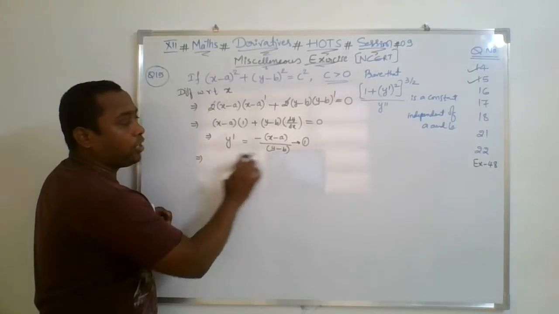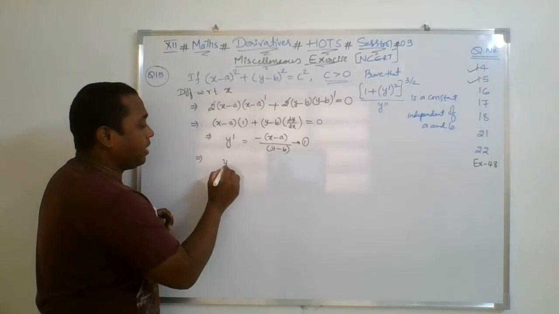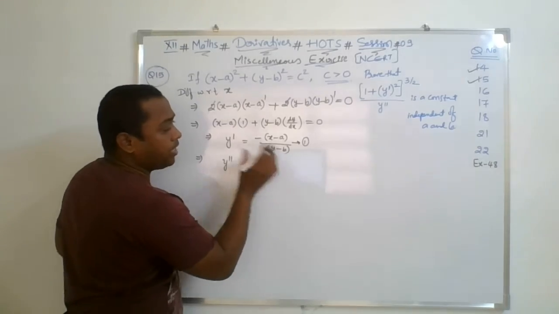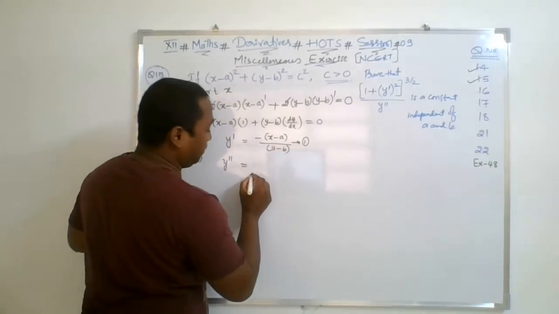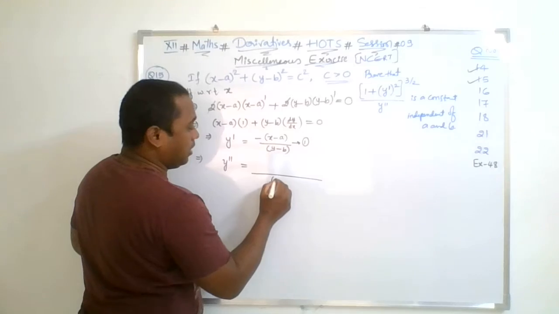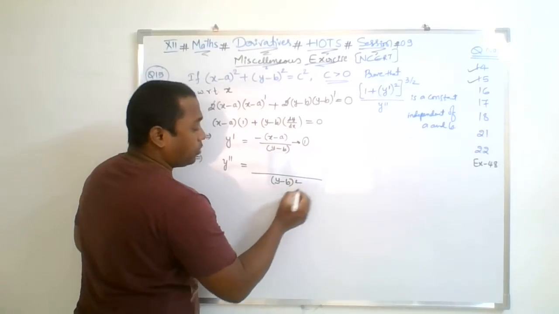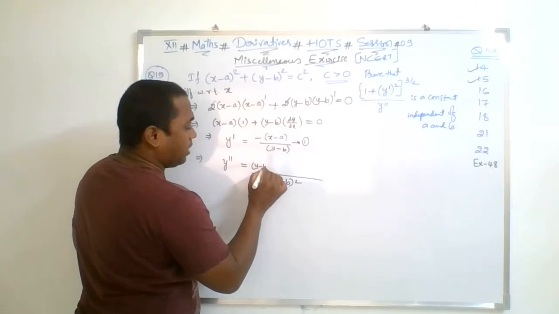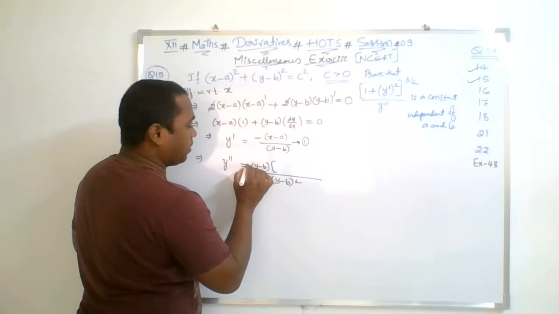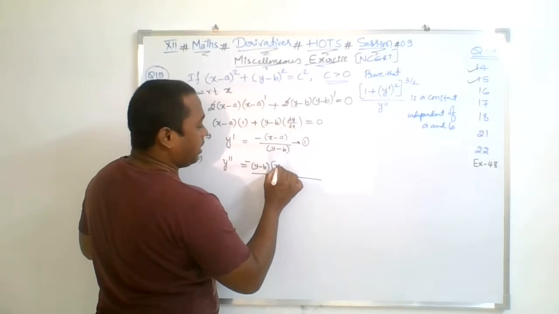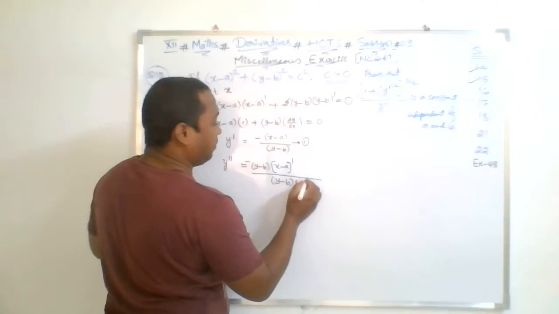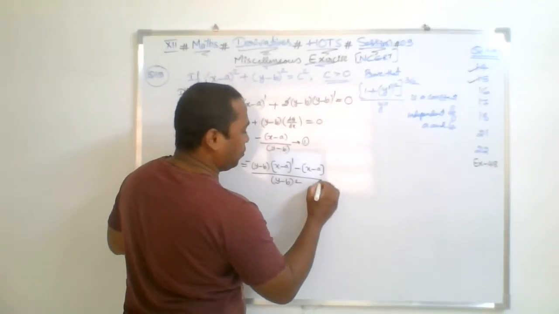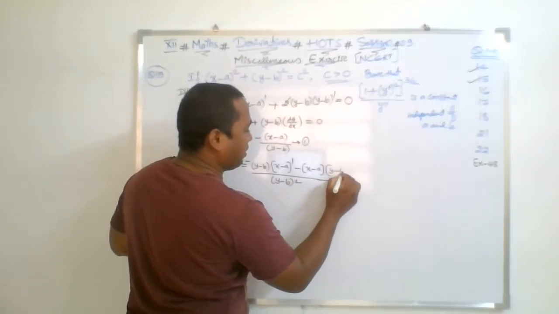Now, if I take the derivative on both sides, I am getting here the derivative of y dash, which is y double dash, equal to, I need to apply the quotient rule over here. I am applying that. So (y minus b) whole square in the denominator, then the derivative of y minus b into, I can keep the minus sign outside, and x minus a, the derivative, minus (x minus a) into the derivative of y minus b.